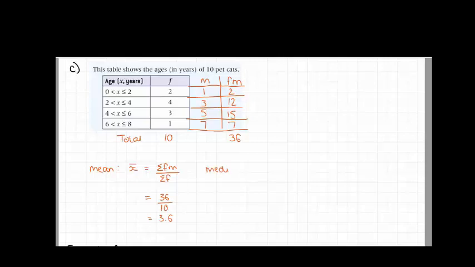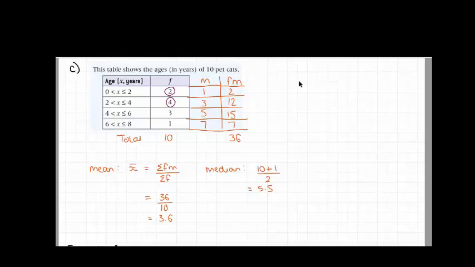So for the median, we need to work out the position first. So the position will be 10 plus 1, because we have 10 numbers, divided by 2, which will give us 5.5. So here we want to find where the 5.5 piece of data is. So once again, count it from the top or the bottom to 5.5. If I start from the top, we've got 2 plus 4 is 6.